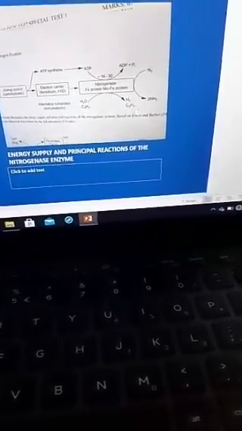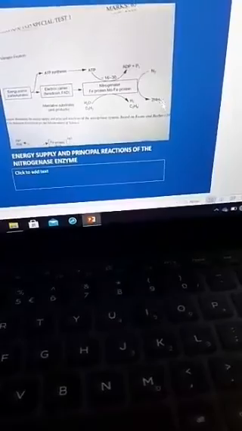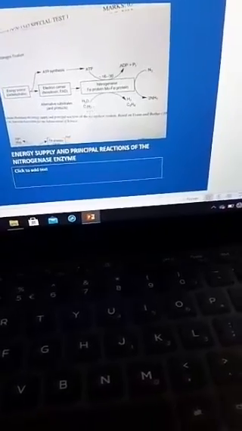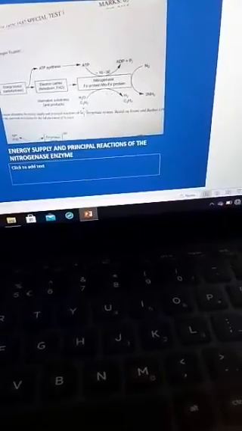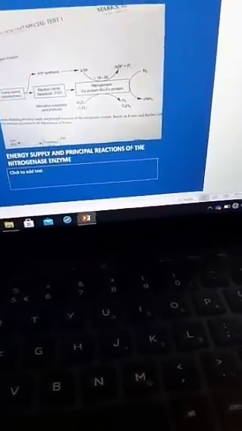This ATP is used by the nitrogenase enzyme to fix the N2 gas to form the end product, which is NH3. Don't worry much about this C2H2. As I told you, this enzyme is also capable of converting acetylene gas into ethylene. This is just another reaction that this enzyme is able to do.